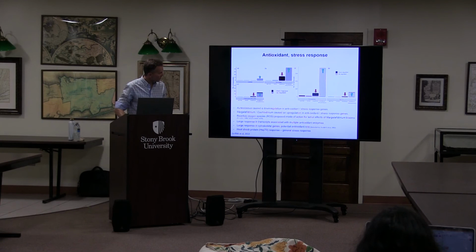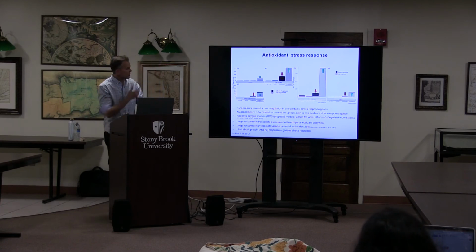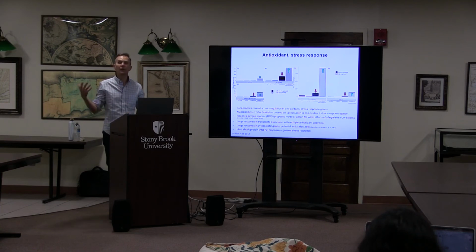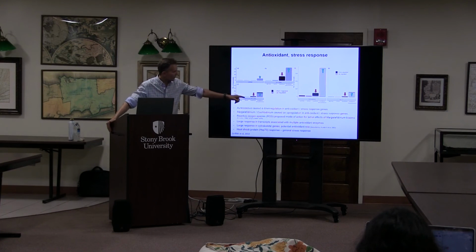That shows up here as well, although I'll probably skip over this because the details are a little hard to see. But just to talk for a moment about some of the genes. Of the genes turned on in response to Margalefidinium, I said 40,000, a lot of them were specifically antioxidant genes, things like superoxide dismutase, catalase, peroxidase.